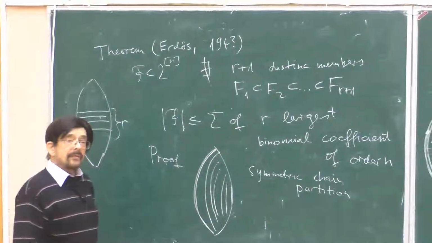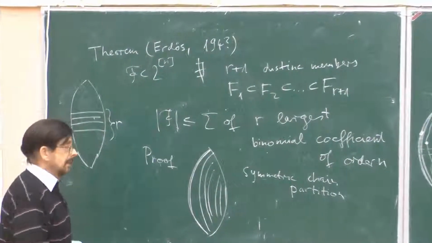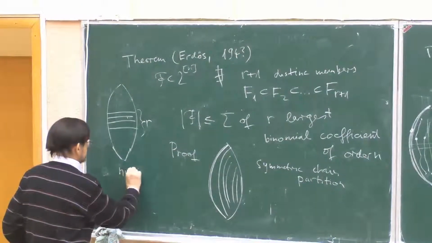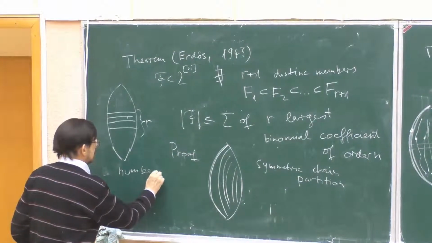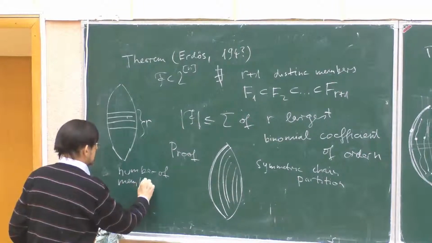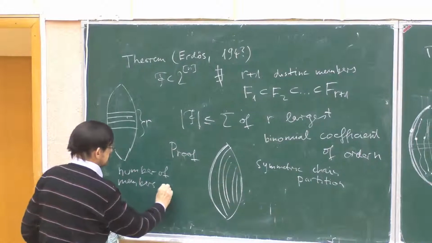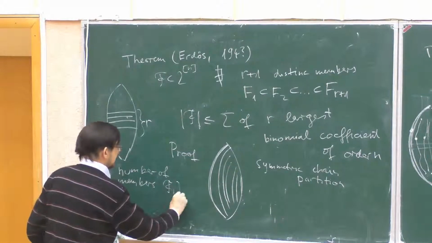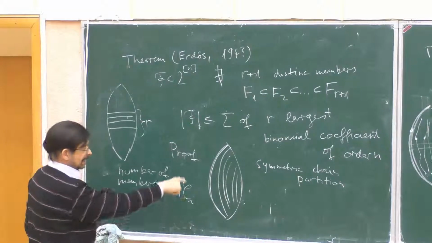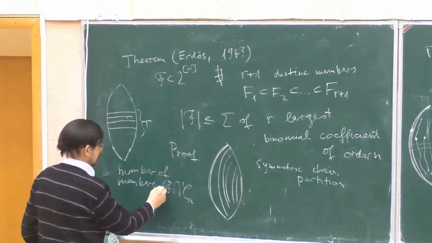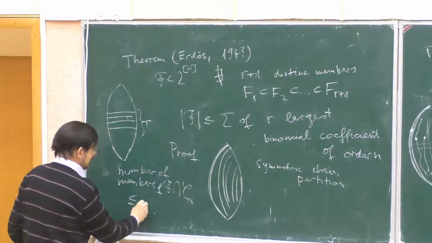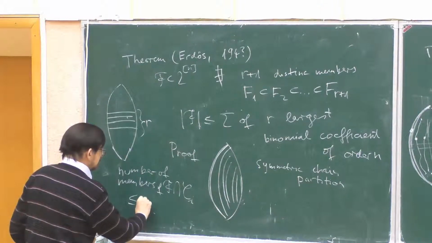The number of members in one chain is at most r.